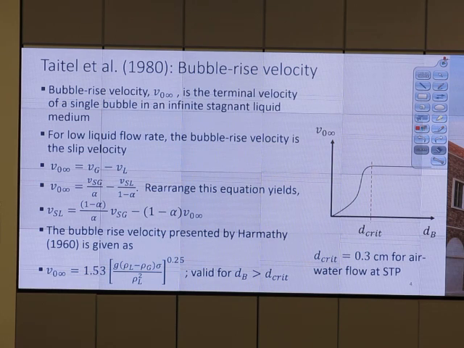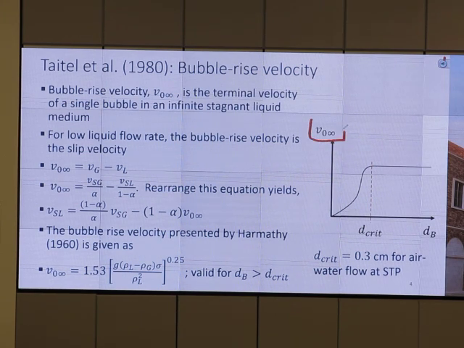Let's take a look at slip velocity. This bubble rise velocity is a function of the size. For small sizes, the bubble rise velocity is not much. It doesn't rise fast. If the size is greater than a certain size, V0 infinity, the bubble rise velocity, becomes kind of constant.